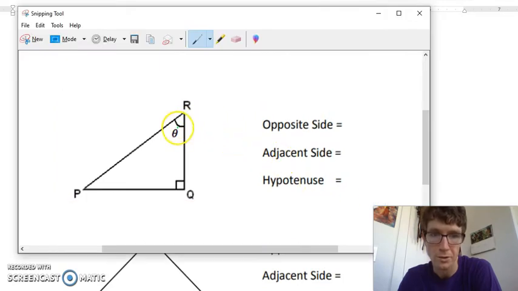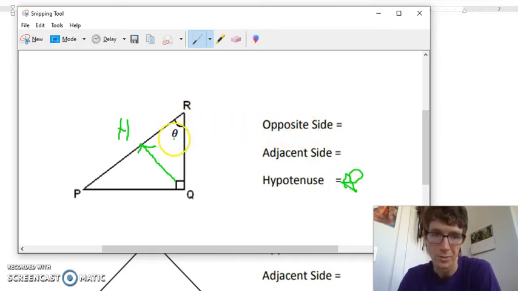So just to review, I always start with the hypotenuse. Hypotenuse is always across from the right angle. So I put our h here, that will be RP. Now, then I do opposite.